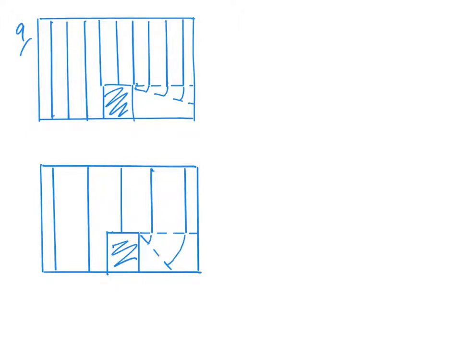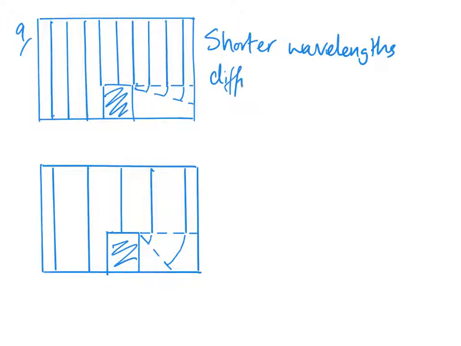So we'll label them, and then we've got one more diagram we need to draw. So shorter wavelengths diffract less, longer wavelengths diffract more.